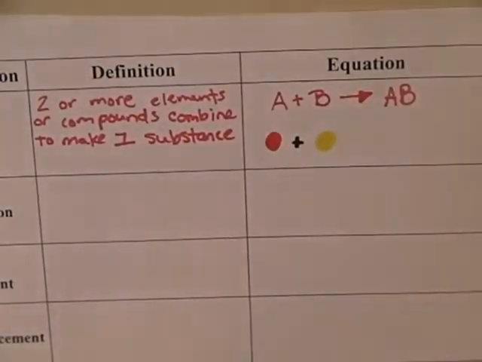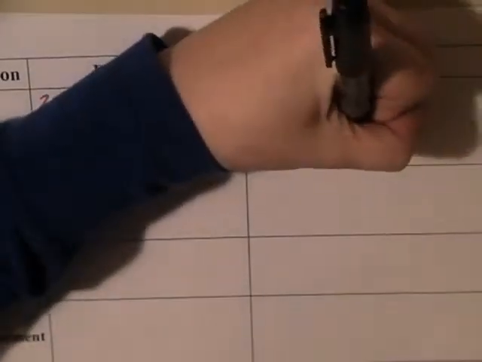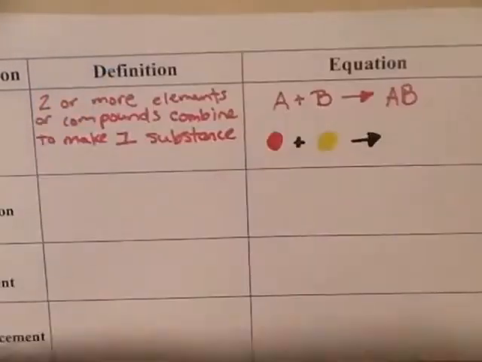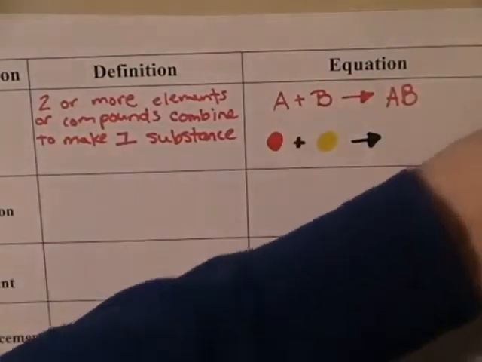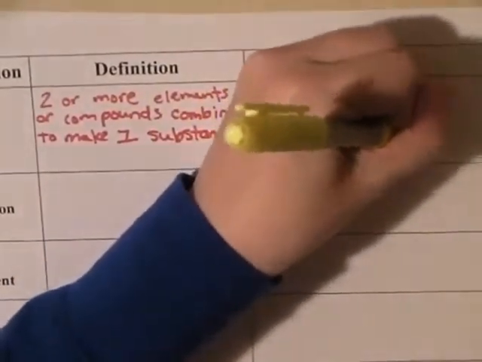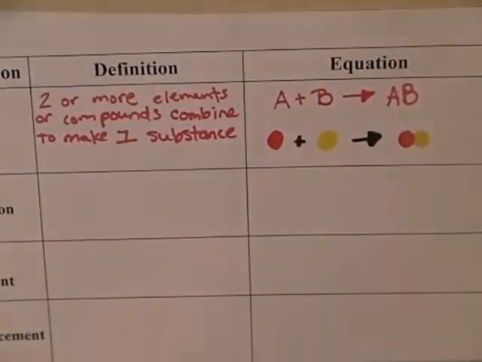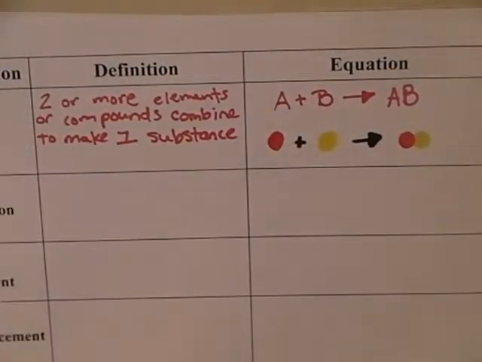Oh yeah, you can see that. So in a synthesis reaction, we would put those together, and obviously we would just make a compound that contains both of them, but they'd be together in one substance. Okay? So far so good, hopefully.